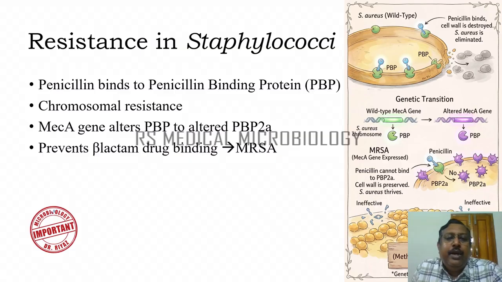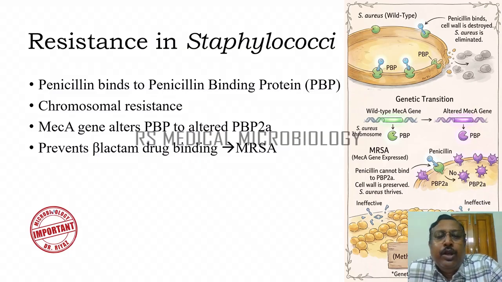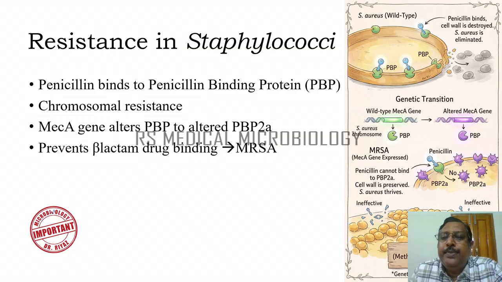The mecA gene will be altered, and that altered gene will alter its product, the penicillin binding protein, to altered penicillin binding protein 2A. This will prevent any of the penicillins and cephalosporins from binding to the cell wall, and this is called MRSA, methicillin resistant Staphylococcus aureus.